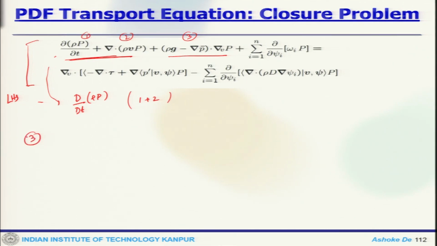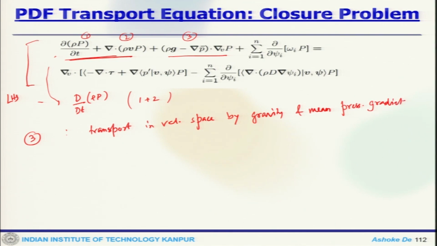Now, the third term in the left hand side represents the transport in velocity space by gravity and mean pressure gradient, and the fourth term on the left hand side is the chemical source term.